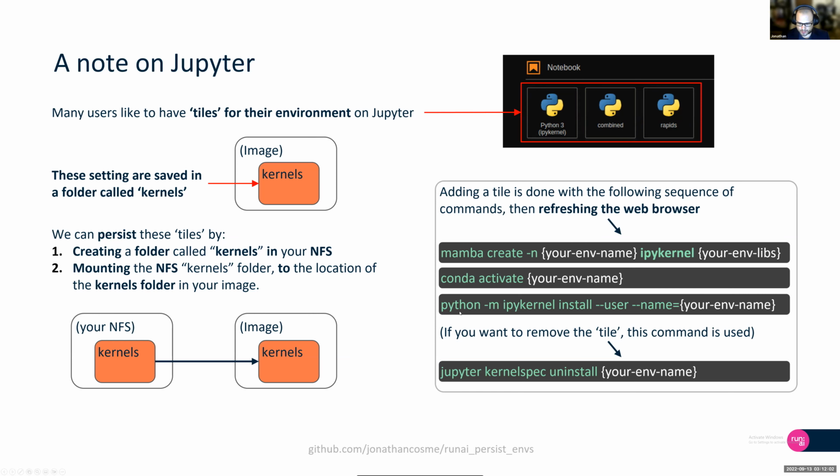And then you have to run this command, which is python -m ipykernel install --user --name, and then you're going to put your environment. And then you're going to refresh the web browser, and you should be able to see your tile up here. Now, if for any reason you ever wanted to remove these tiles, this is the command you would run to remove that tile.